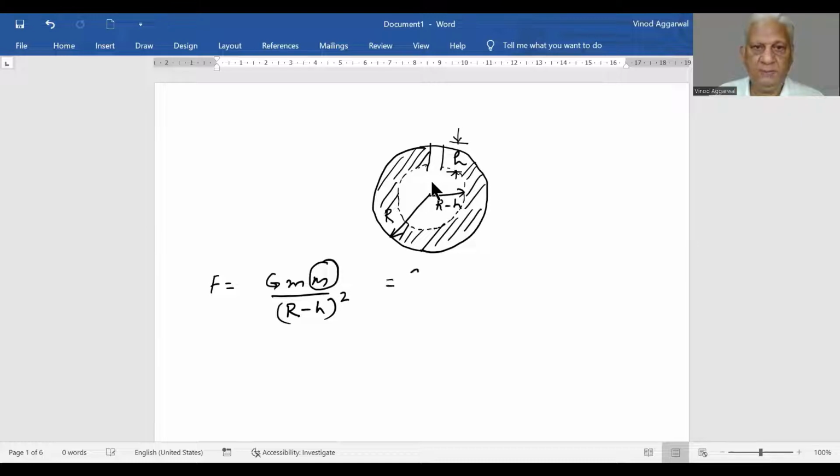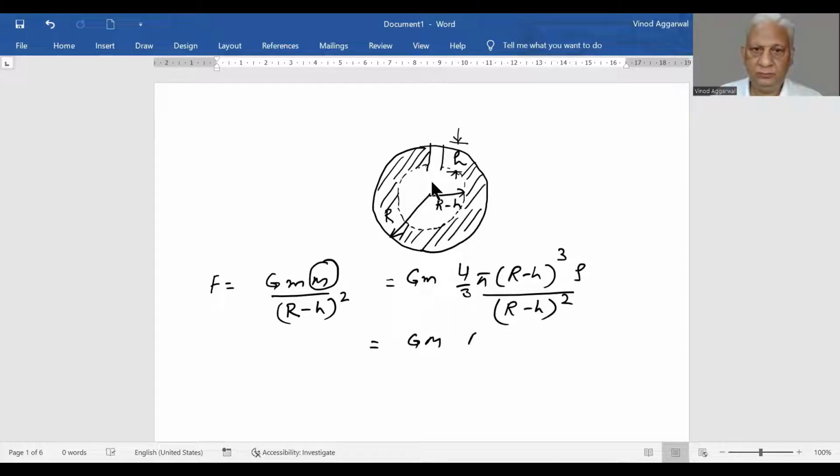Instead, this will be the mass of this inner portion of the Earth, volume into rho, which is the density, divided by R minus h whole square. Now if we remove rho, then basically this becomes the cube of the two radii.